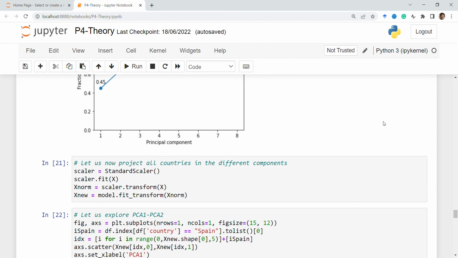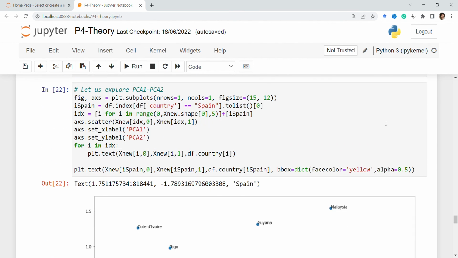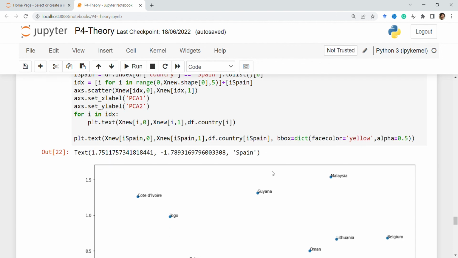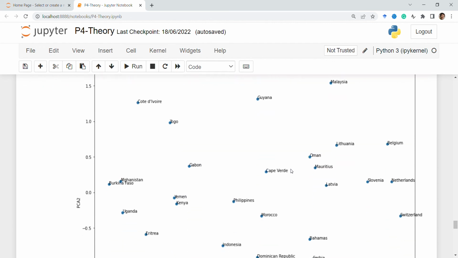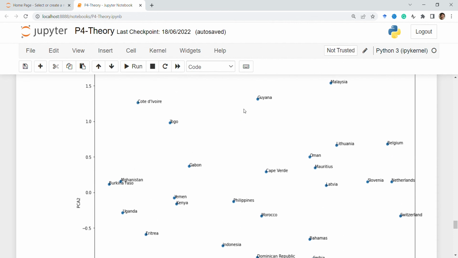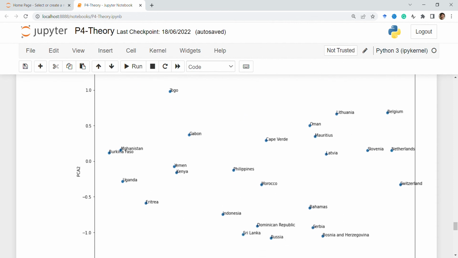Now, we already saw that you can project each one of the countries onto the PCA, and then they will occupy a location in this new basis. In this new basis, we already saw the separation between rich countries and poor countries, and countries exporting a lot and countries not exporting so much.